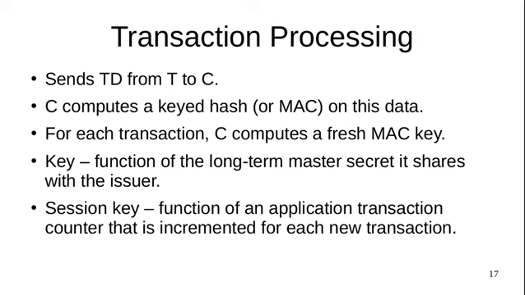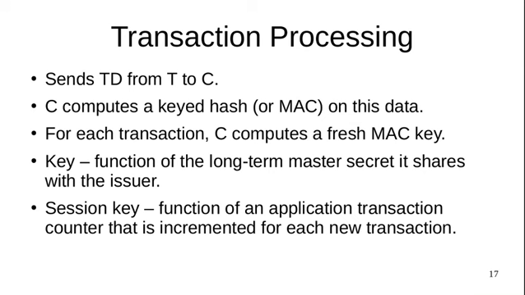C computes a keyed hash or MAC on this transaction data. For each transaction, C computes a fresh MAC key, so that has to be noted. The key is a function of the long-term master secret it shares with the issuer, so it is predefined.